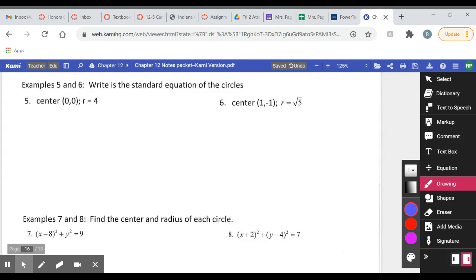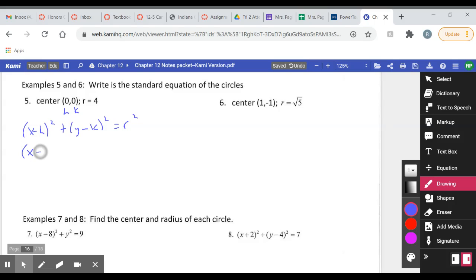All right, a little bit more here. On examples 5 and 6, this is write standard equations of the circle. So again, if my center is h, k and my radius is r, then I can plug those into my formula. And my formula is x minus h squared plus y minus k squared is equal to r squared.